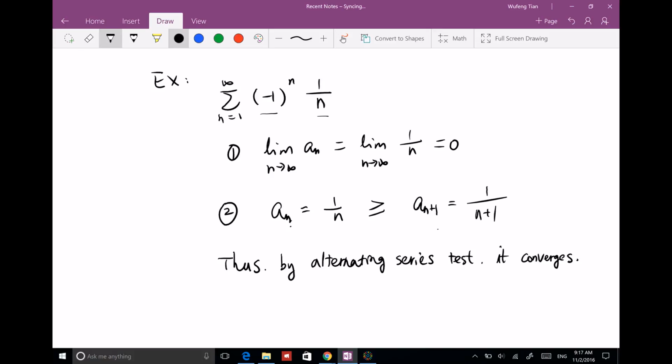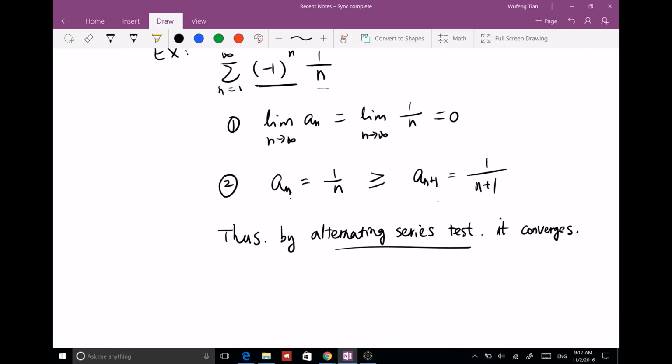For the alternating series test, you must first make sure that it is an alternating series. Okay, it's positive, negative, positive, negative. Basically, you have to look at whether it has a negative 1 to the power n. First, if it's an alternating series, then you check that the nth term goes to 0. Also, a_n is bigger than or equal to a_{n+1}. Alright, it converges.